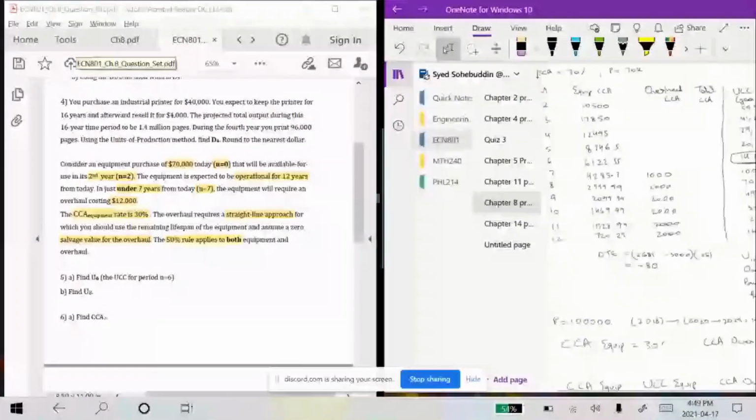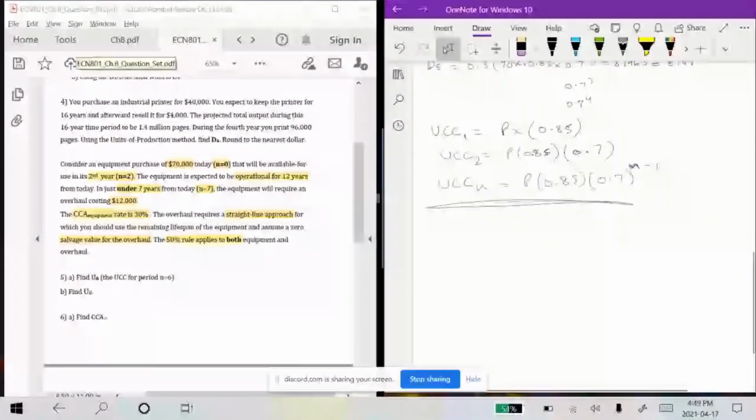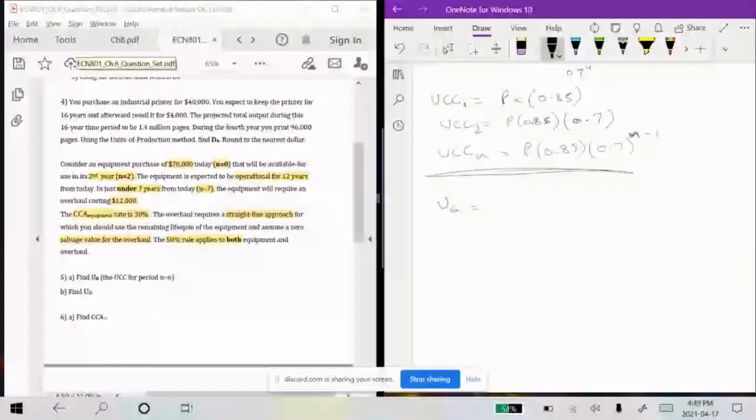Right. So yeah, if you want, I'll just solve it using the formula. 70k into 0.85 into 0.7 raised to the power 5 equals to... yeah, what was this?